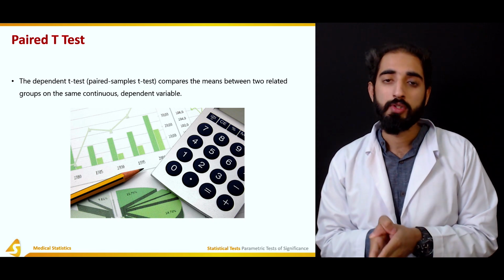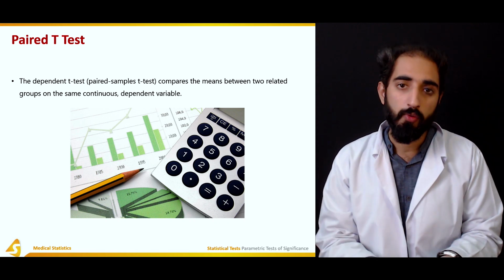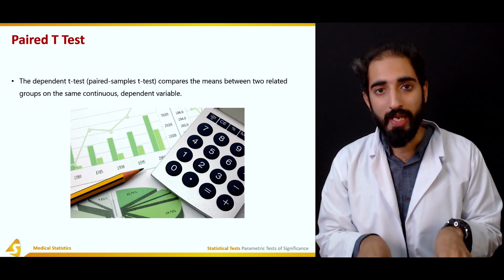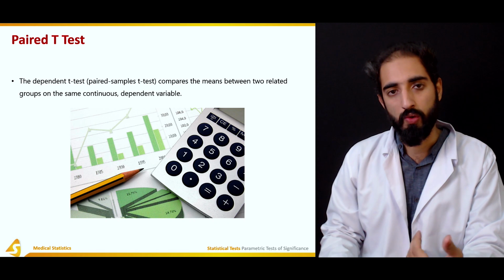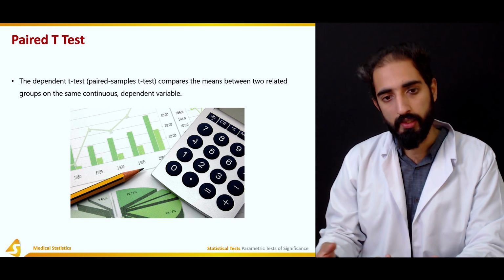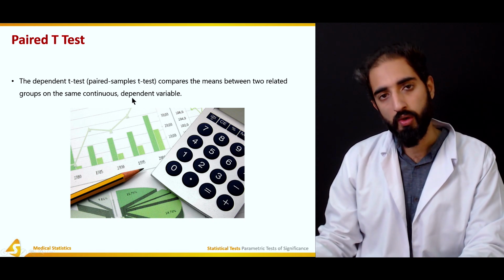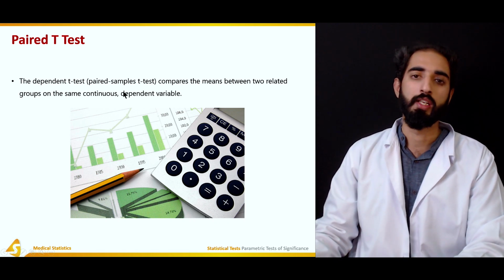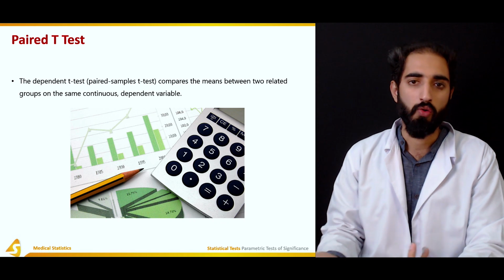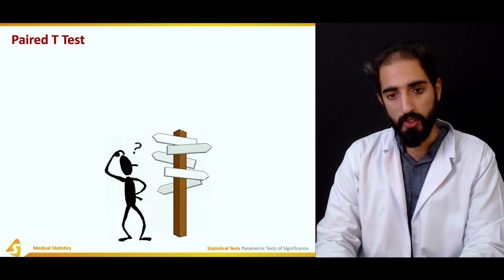Now I'm taking the values from the same group, so these are related samples, related values, and that is why it is known as related groups. So we are going to use paired t-test for this. We usually use paired t-test for pre and post analysis in quasi-experimental study design or natural experiments.